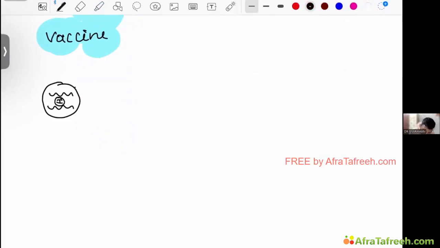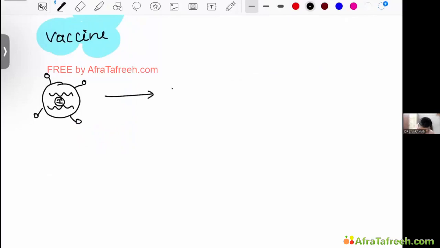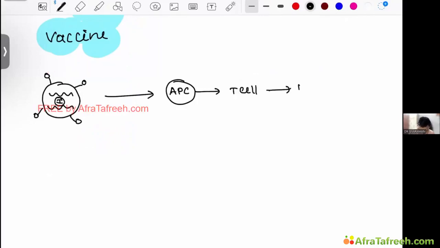This virus is now given to the human. It will be taken up by the antigen presenting cell, which will present it to the T cell, and the T cell will stimulate the B cell, and antibodies will be produced.